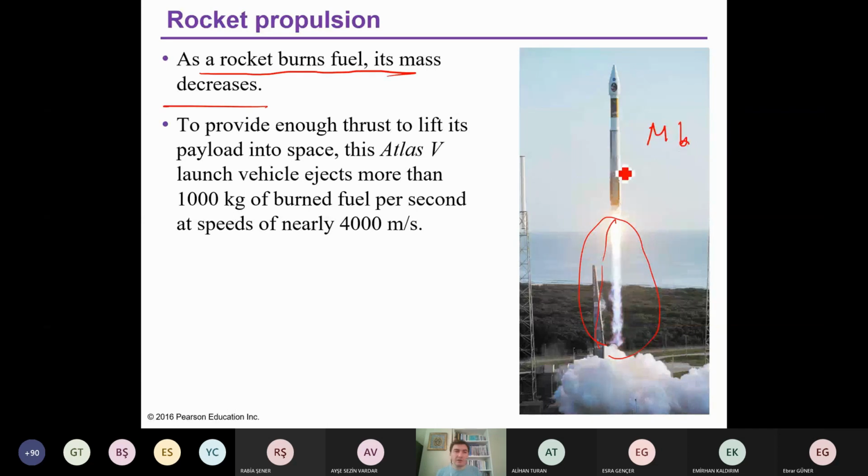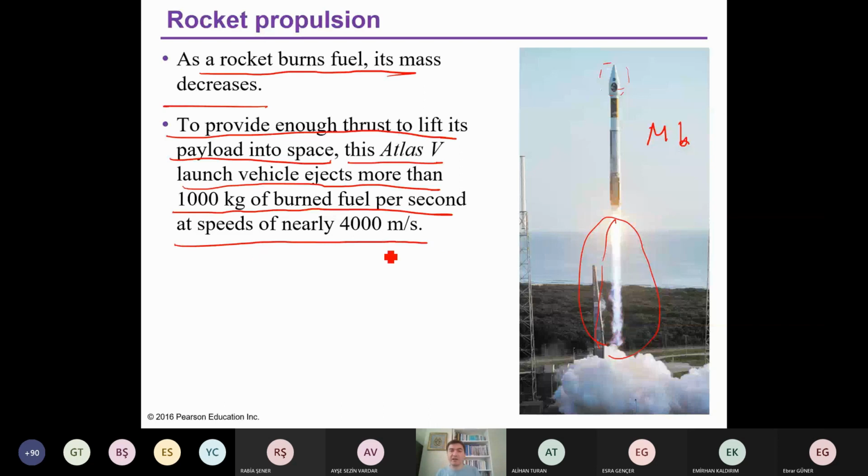To provide enough thrust to lift its payload into space, this Atlas V launch vehicle ejects more than 1,000 kilograms of burned fuel per second at speeds of nearly 4,000 meters per second. Okay, so we will go into detail. So this is very nice application of rocket propulsion. So now let me continue.